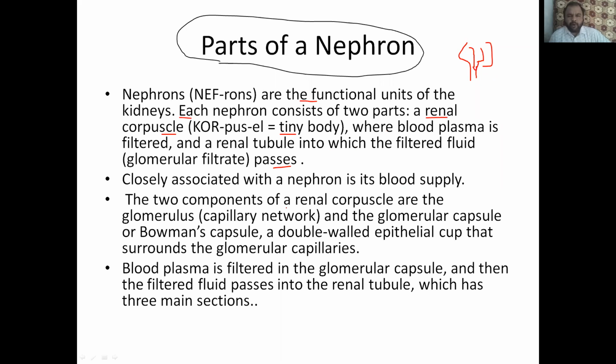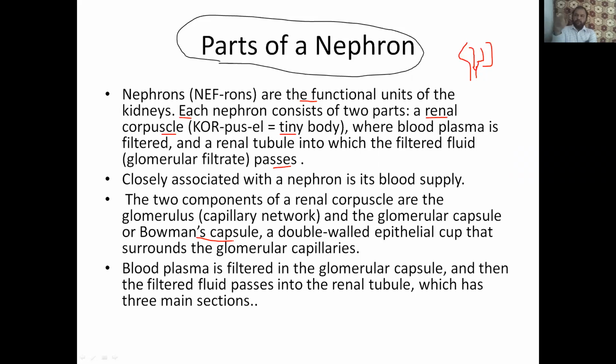The two components of a renal corpuscle are the glomerulus and the glomerular capsule or Bowman capsule. तो renal corpuscle की बात करें तो उसके दो पार्ट हैं.